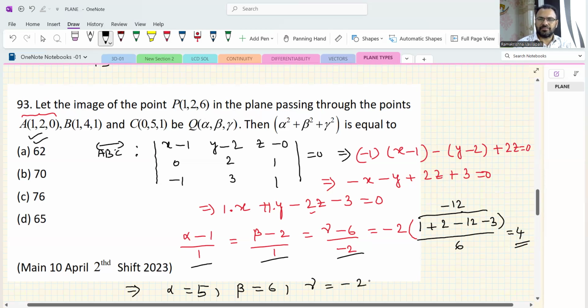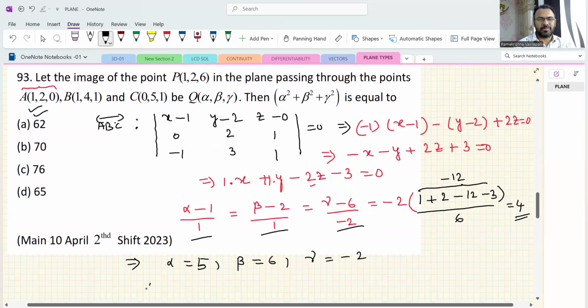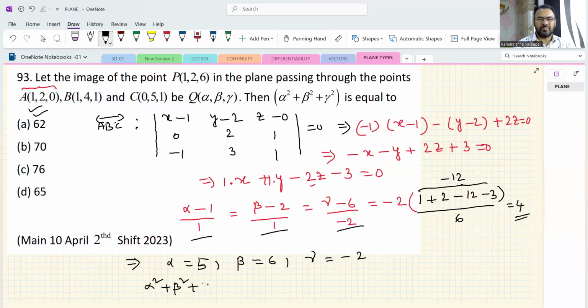We got it. Right? So therefore, what is alpha square plus beta square plus gamma square? That's equal to 25 plus 36 plus 4 is equal to 65.